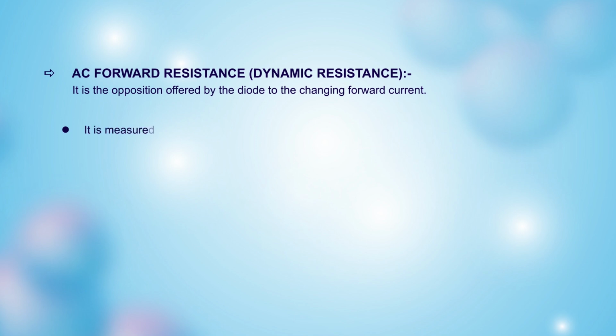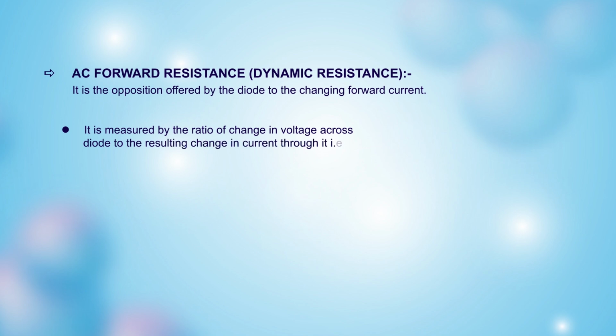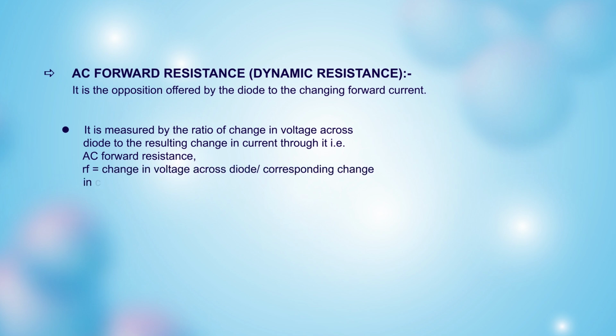That means it is measured by the ratio of change in voltage across the diode to the resulting change in current through it. That is, AC forward resistance can be obtained as small r f, and it is equal to the change in voltage across the diode divided by the corresponding change in current through the diode.